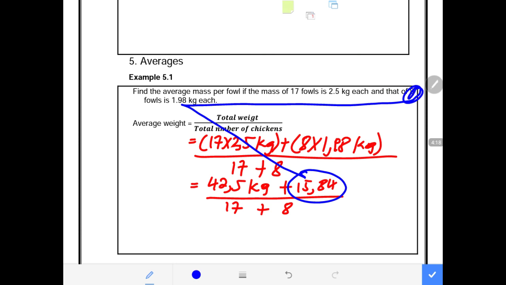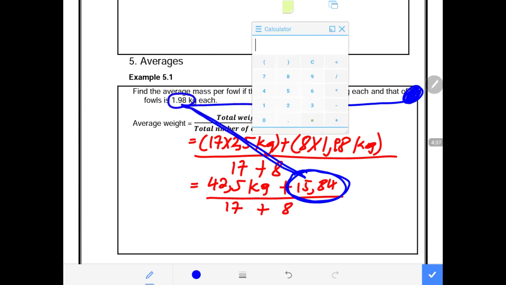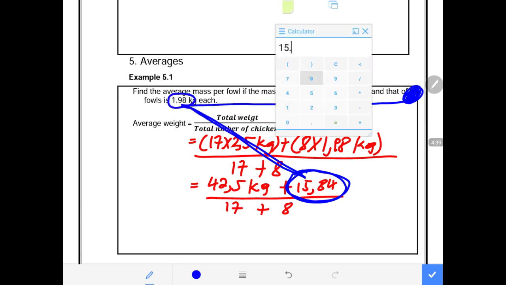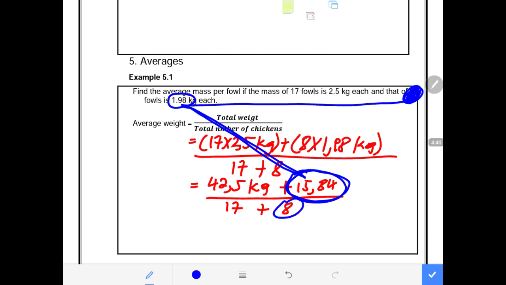So that means the 8 chickens might not be given, but you might be told that for a certain number of chickens, the total weight of the unknown chickens is 15.84 kgs and their weight was 1.98. So how will you deal with that? You'll have to say the total weight of 15.84 divided by 1.98. That will give you 8 chickens, which is this 8 that we need here.